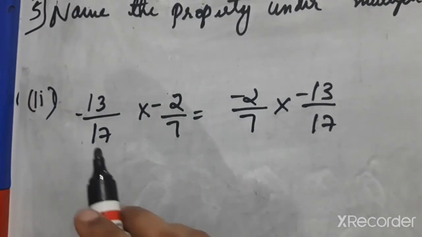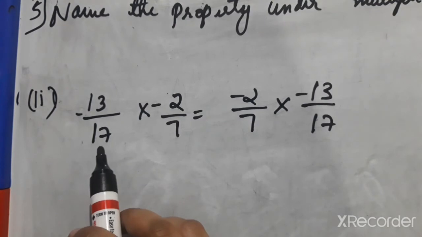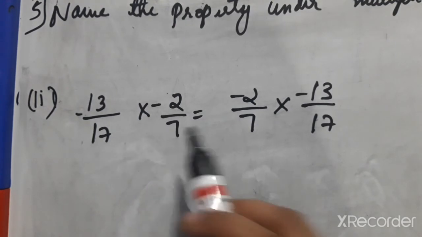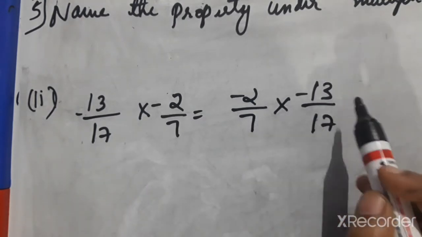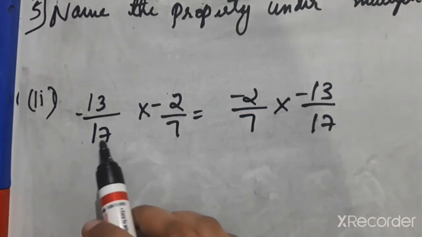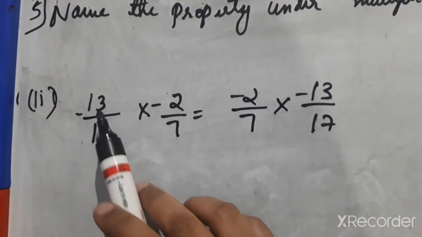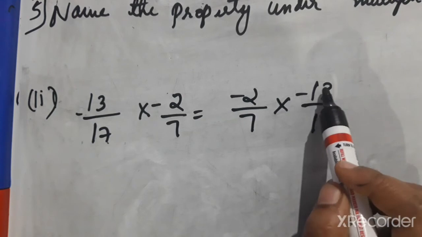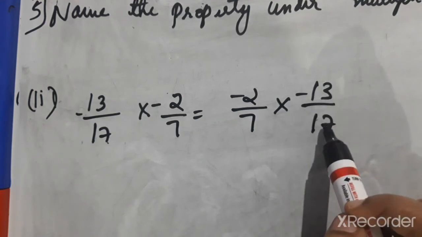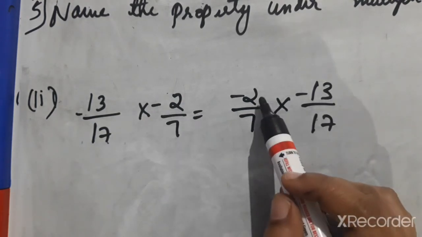Now next question, minus 13 by 17 into minus 2 by 7 equal minus 2 by 7 into minus 13 by 17. Observe the equation, children. Minus 13 by 17 has become the second term, and minus 2 by 7 is here as the first term.